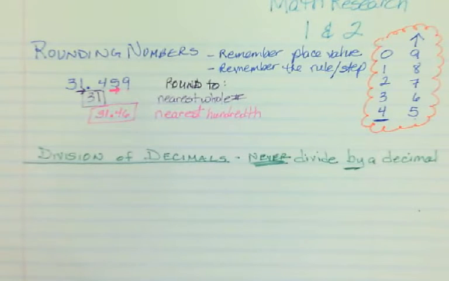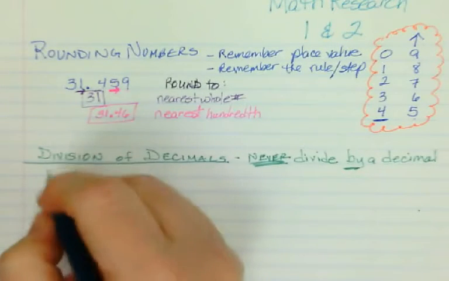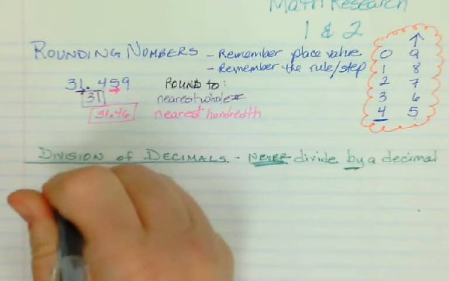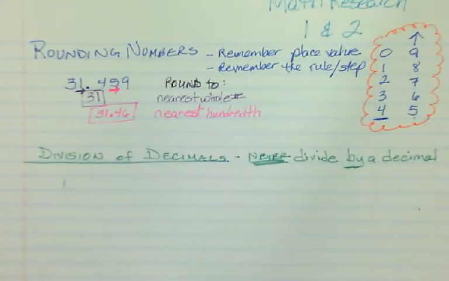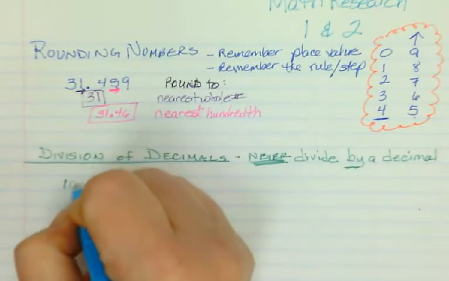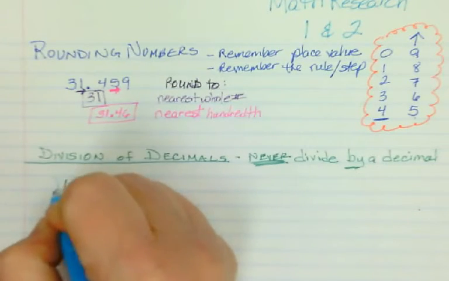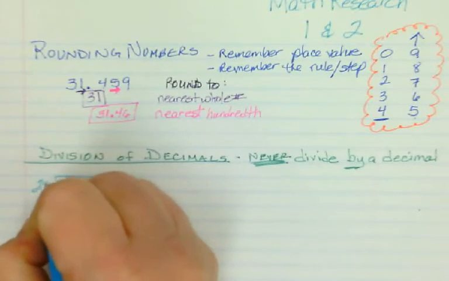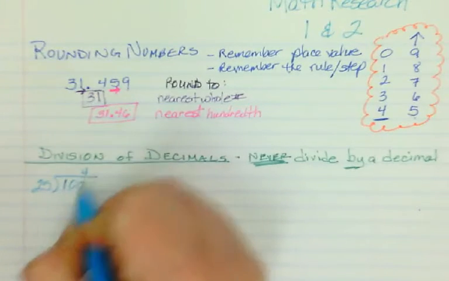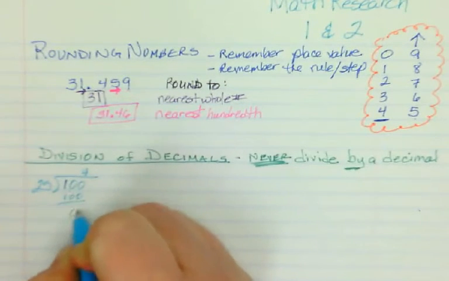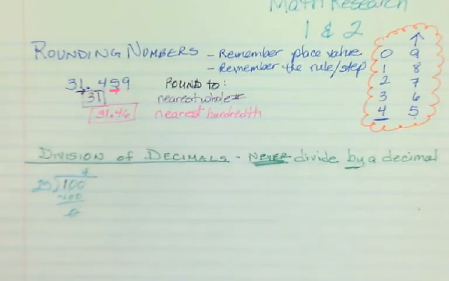Okay? So what I mean by that is if I have 100, if I have a pen that works, maybe not. Let's try this one. If I have 100 and I divide it by 25, that's easy. 25 goes into 100 4 times. That's 100, and there we go. That's our answer.